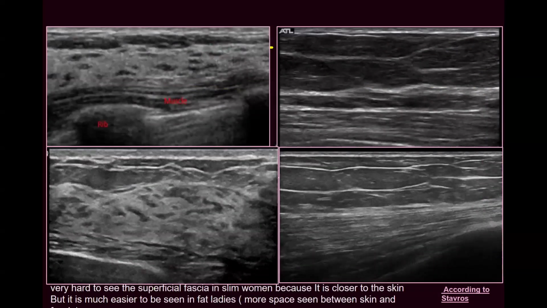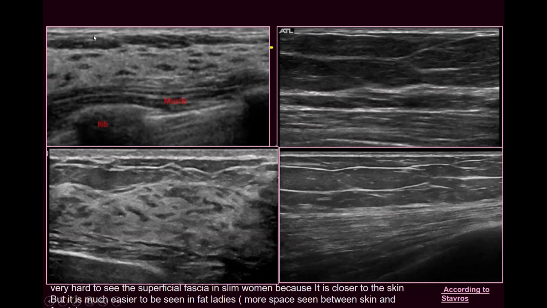Okay, can you visualize the superficial layer of superficial fascia in these examples here? Yes, here it is very obvious in this fatty breast, it is here. And even in this glandular breast, I can see it here, very clear away from the skin. But looking at the upper row, in these examples, I can see part of it here.